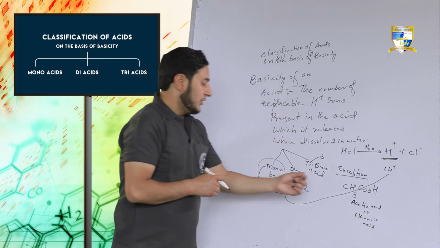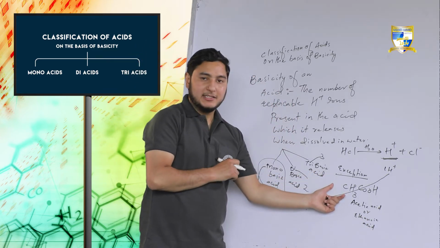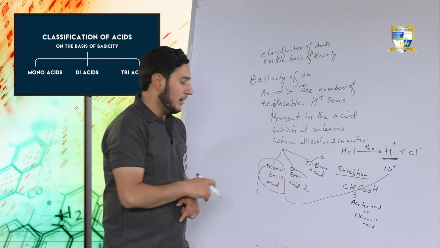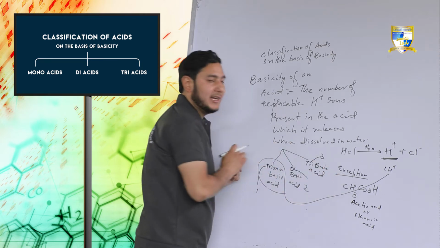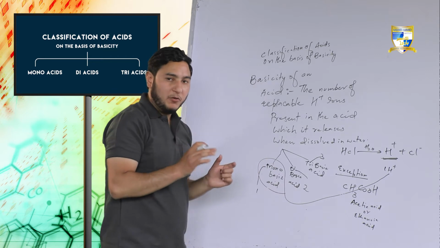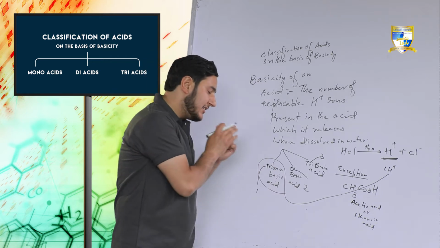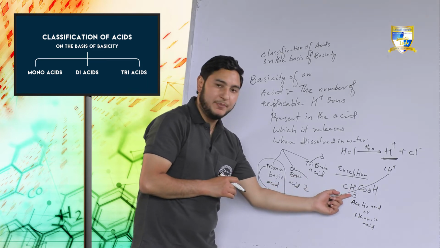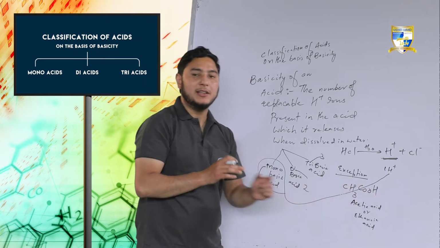Please do not confuse basicity with the number of H present in an acid. If we look at acetic acid, the number of hydrogen atoms present is 4: 3 over here and 1 over here. Total there are 4.